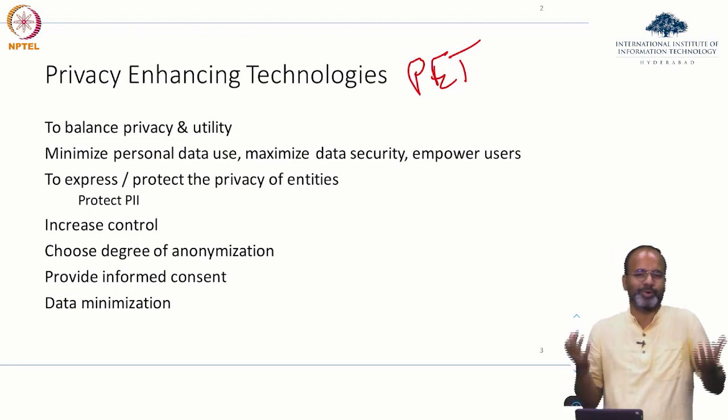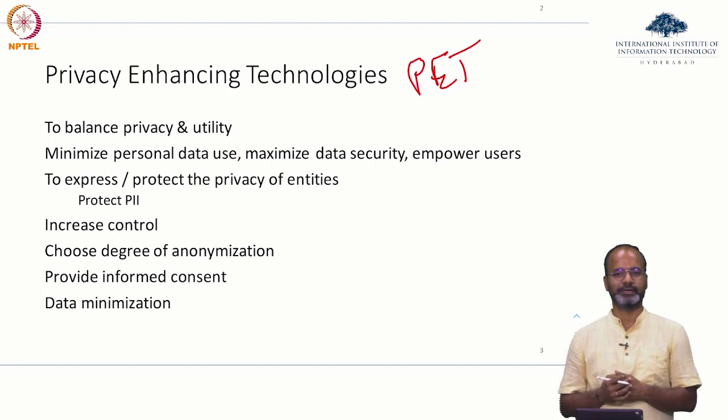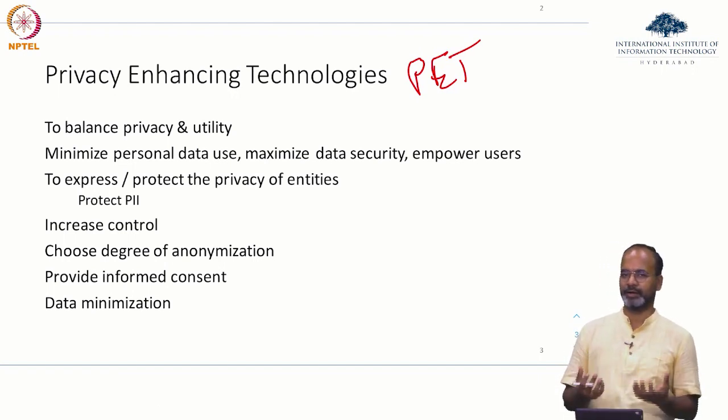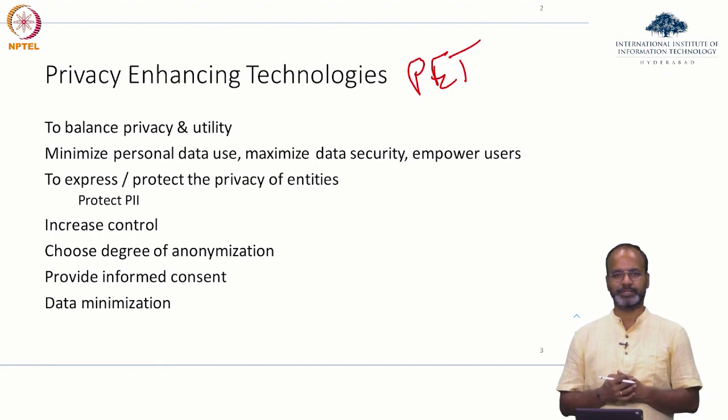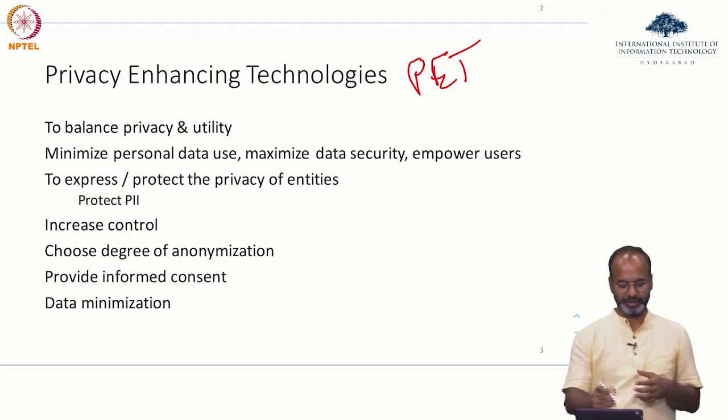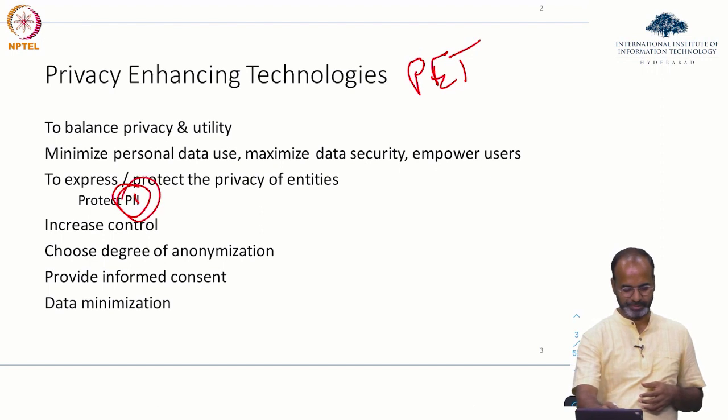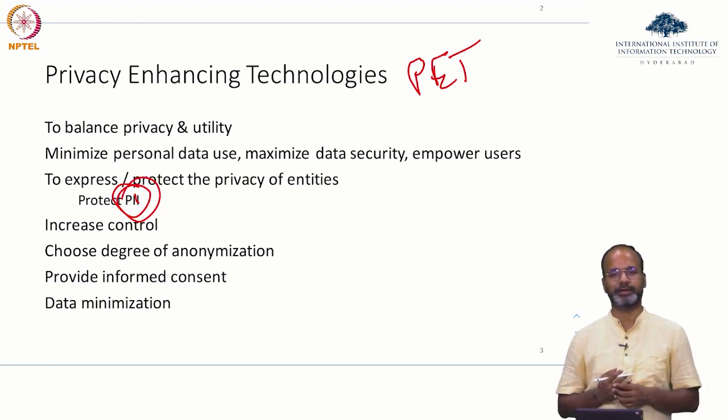At the end of the day, we want to make sure that users have a great experience using the tool and they get what they want, using the functionalities and using the tools that are being built. Express and protect the privacy of entities. Particularly, I wanted to refer back to PII, personally identifiable information, which is what you want to protect using these technologies. Increase control, which is connected to empowering users.